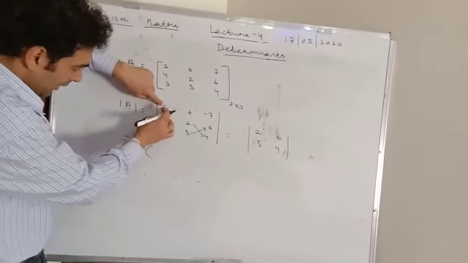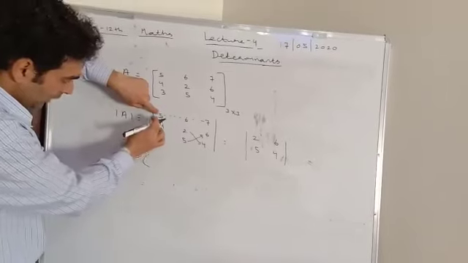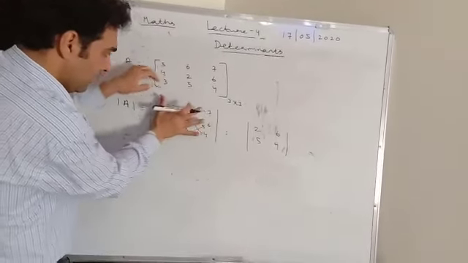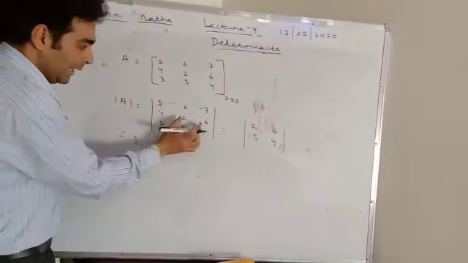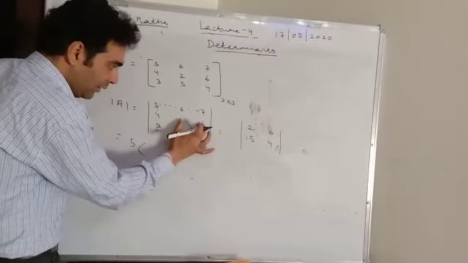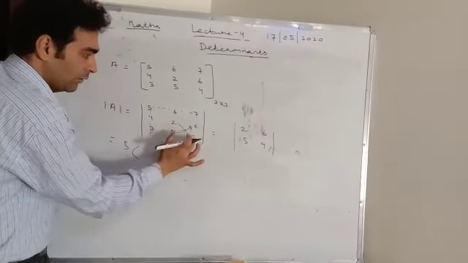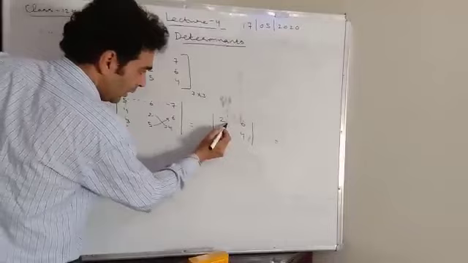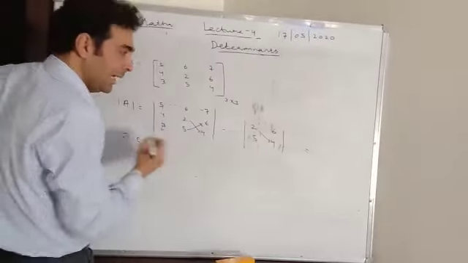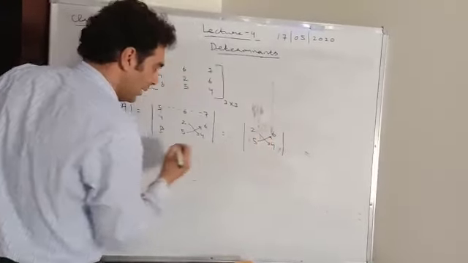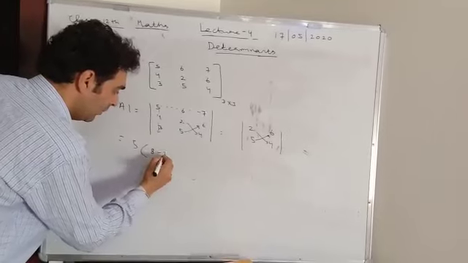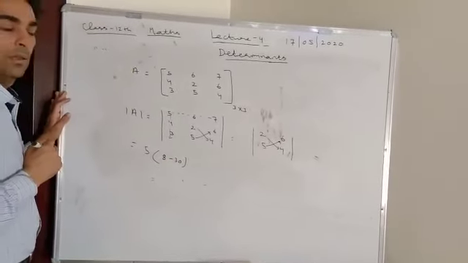Then its column and its row will be cancelled out, and you have to find the value from these 4 terms: 2 6 5 4. What will you do? 2 multiplied with 4 is 8, minus 30.